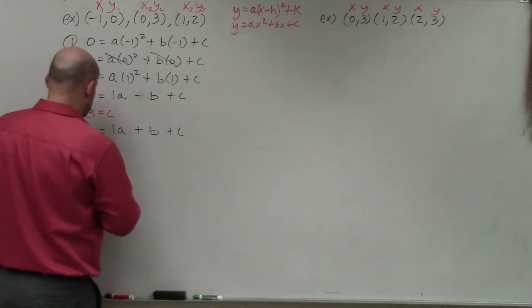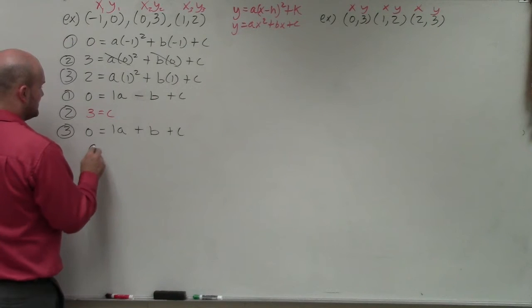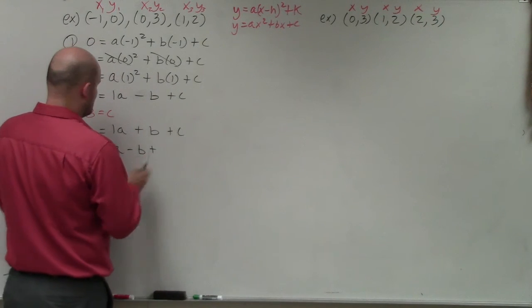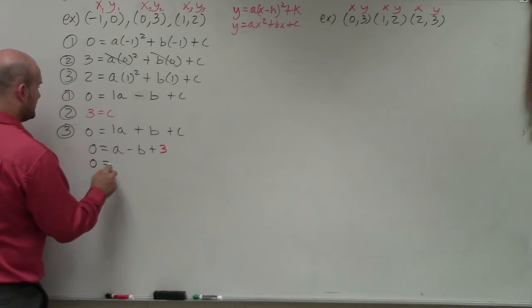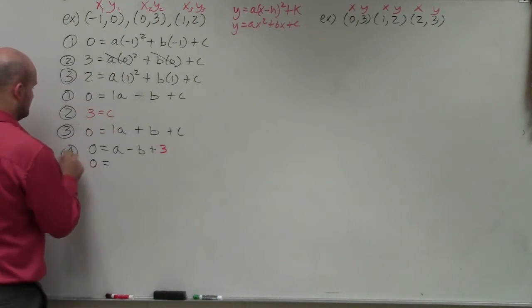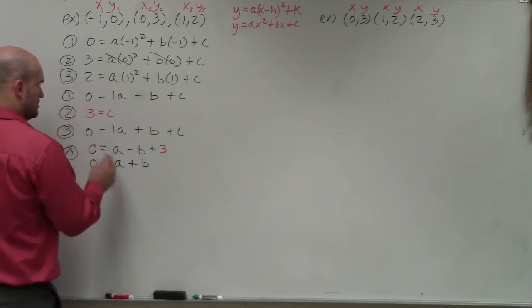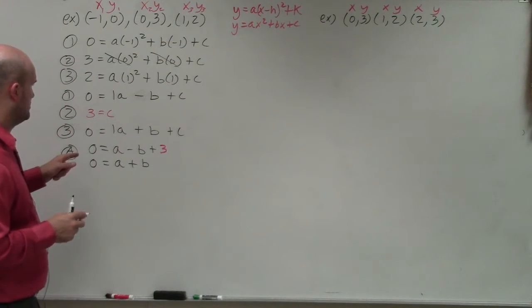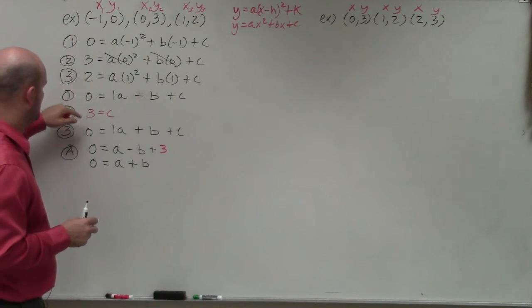Then going back to my first two equations, I'll have 0 equals a minus b plus 3, because that's the value of c, and then 0 equals a plus b plus 3.